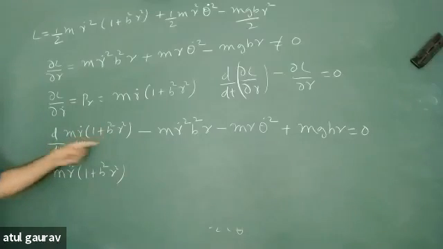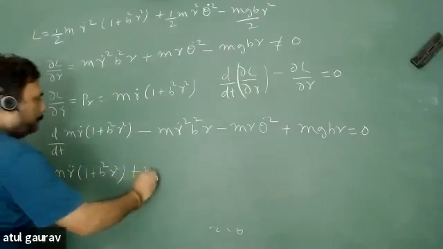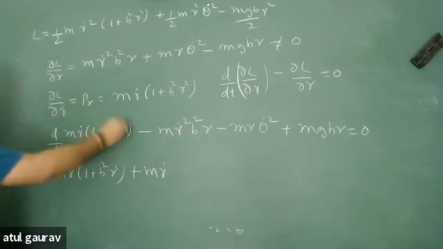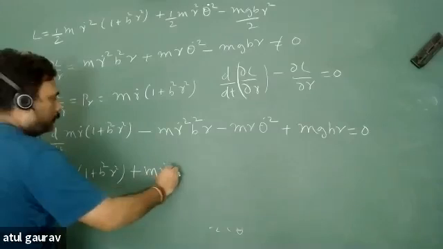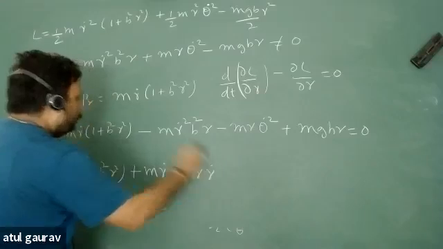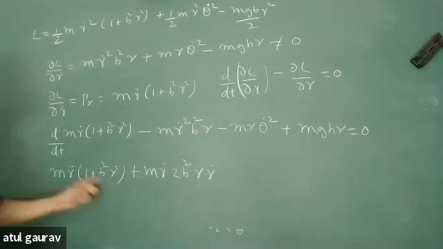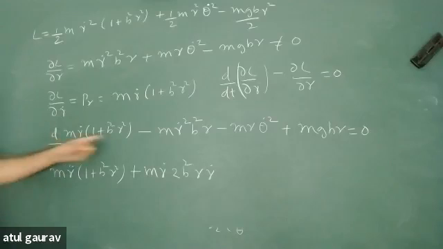So you have this is the first function, and then you have to go for the second function. When you differentiate it, you have m ṙ times 2b² r ṙ. Do you understand this thing? A lot of people have made this blunder. They will just ignore this thing, because you have a total derivative with time.